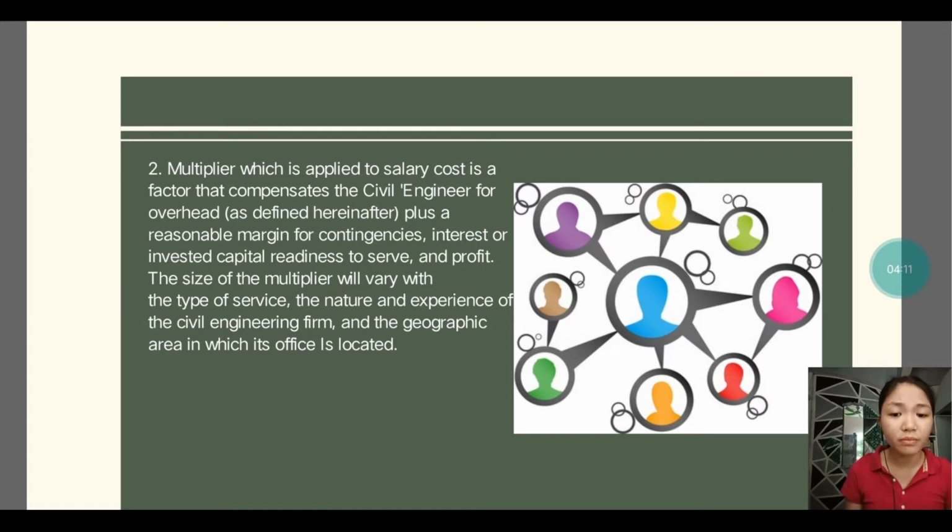However, a higher multiplier is usually applicable for services requiring recommendations based on their experience, their knowledge, and expertise. So, that is multiplier.